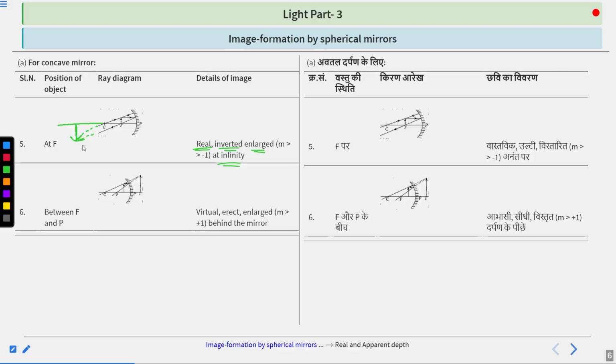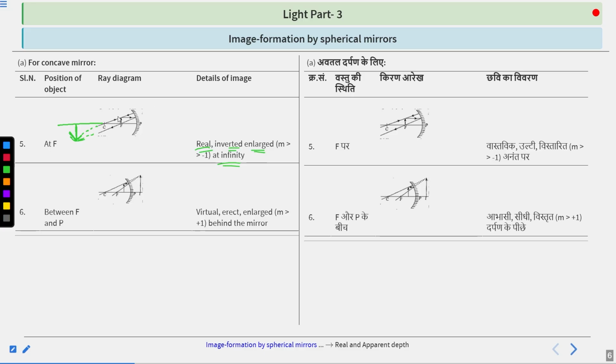Now just look at the image cases. Again, the image is forming before the mirror, not beyond the mirror. Image will be real. Now, if you look at this object, the arrow is in the upward side. If you look at this image, the arrow is in the downward side. So again, inverted, enlarged.